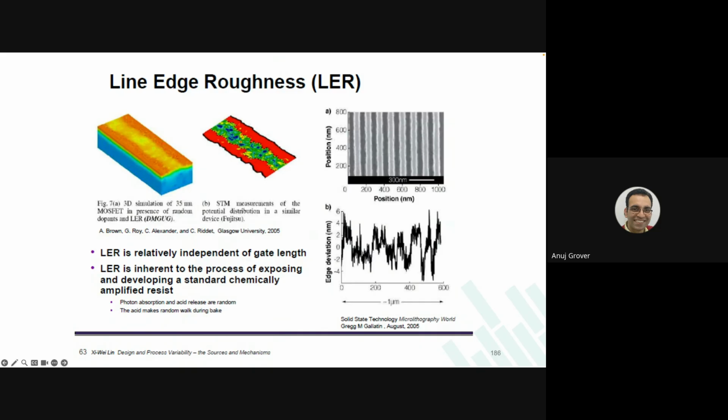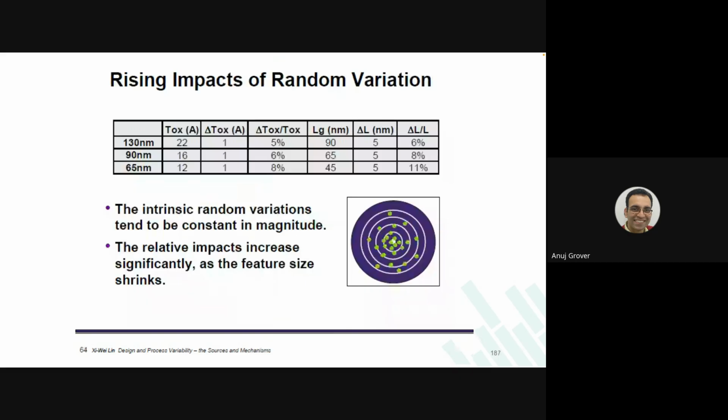Okay. And this slide actually just quantifies the impact of the same kind of variation across technologies. See, it's not that line edge roughness has come only now in new technology. Line edge roughness was always there.